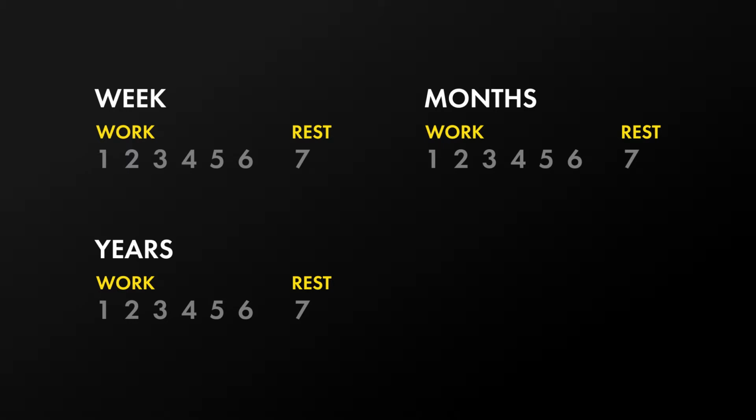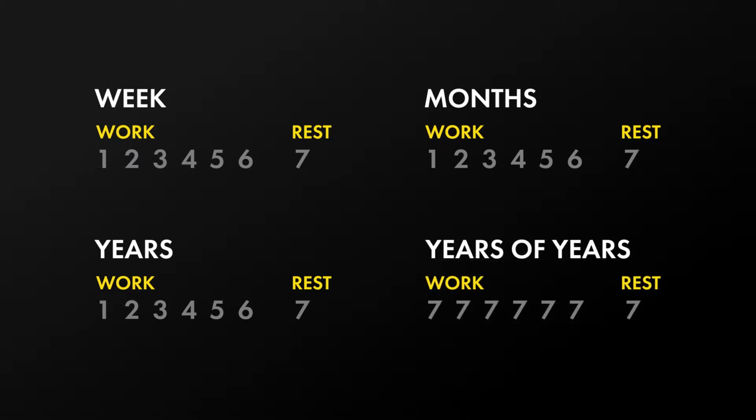And then you have 7 cycles of 7 years. In the 49th year, there's also rest. So you have all these escalating patterns of 7 that culminate in the largest one in the 49th year. But that's actually not the biggest one.